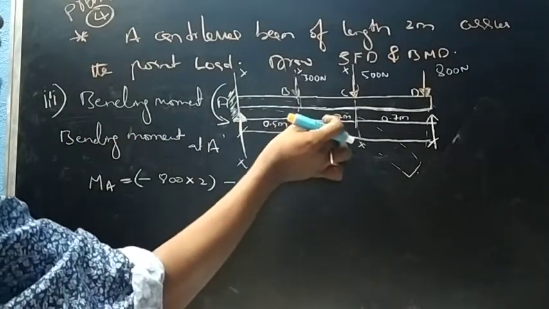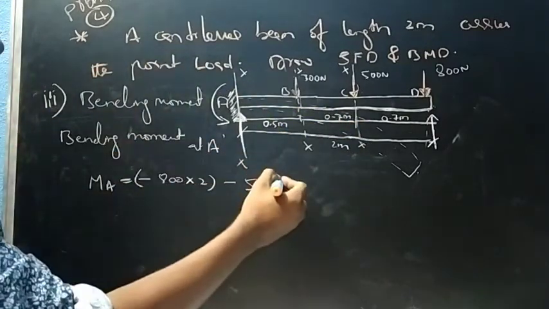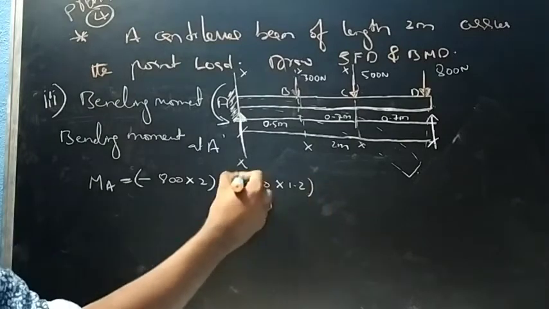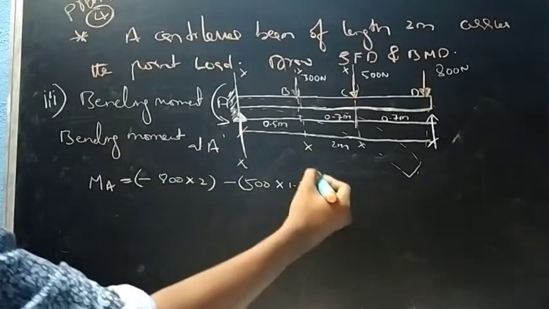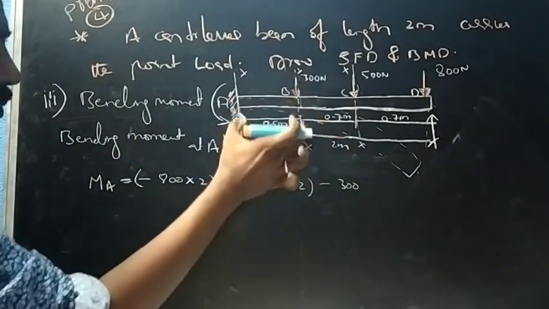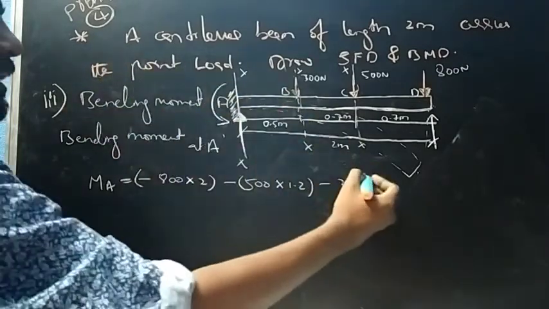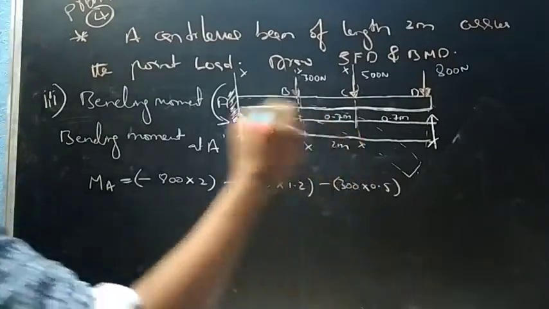You have to add 0.7 meters plus 0.5 meters, that is multiplied by 1.2 meters. So 1.2 meters, fine. Then again minus 300 into what is the perpendicular distance till A, that is given already, that is multiplied by 0.5 meters.